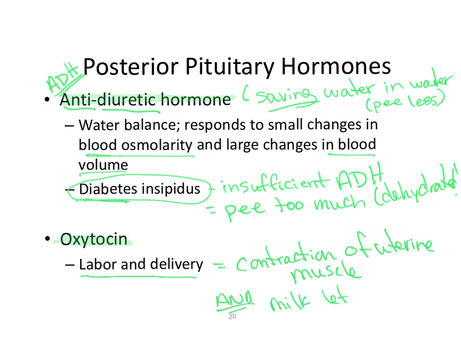So prolactin causes your mammary glands to make milk. Oxytocin causes your mammary glands to release that milk. It has also been called the cuddle hormone because there's some evidence that it makes people want to have that kind of intimate contact.